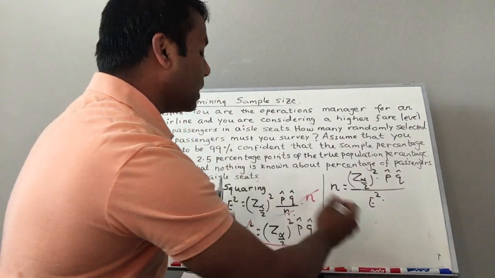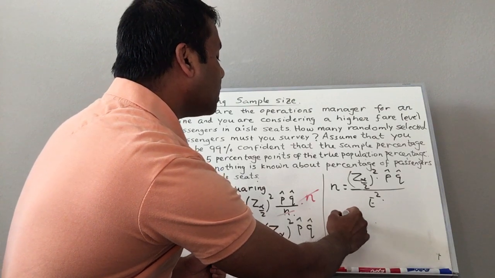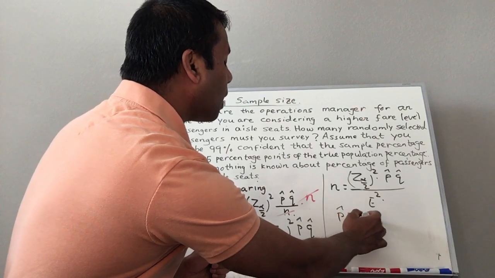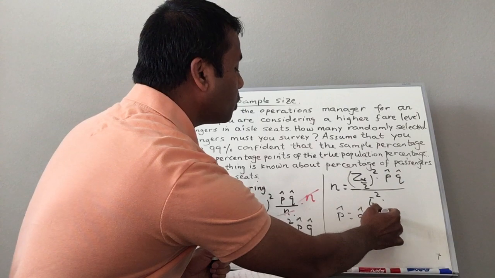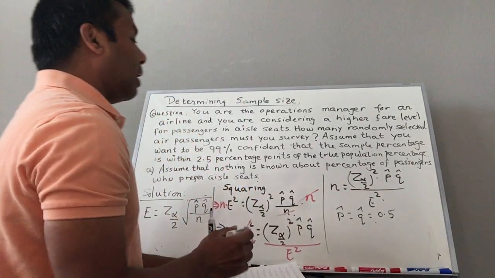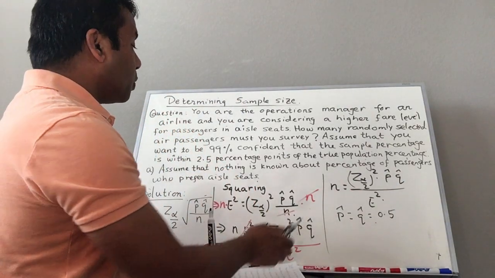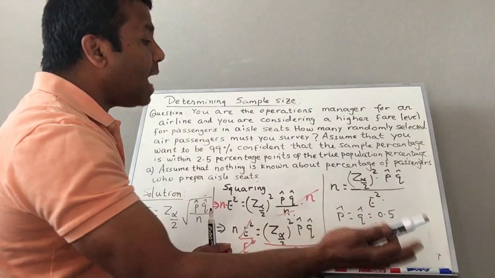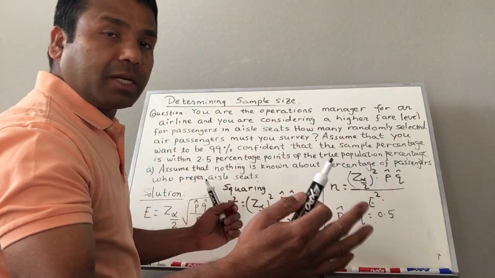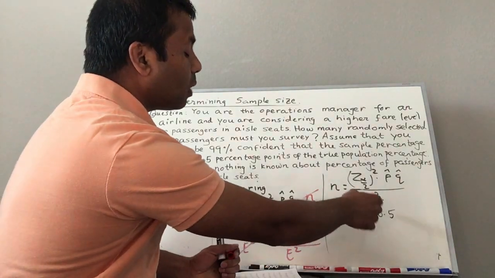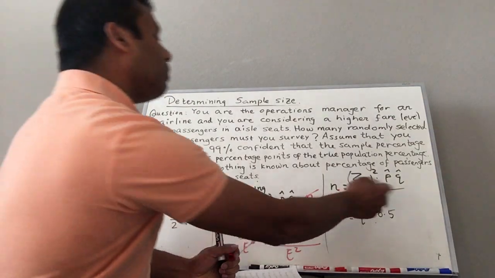In that case, we generally consider p hat equals q hat equals 0.5.